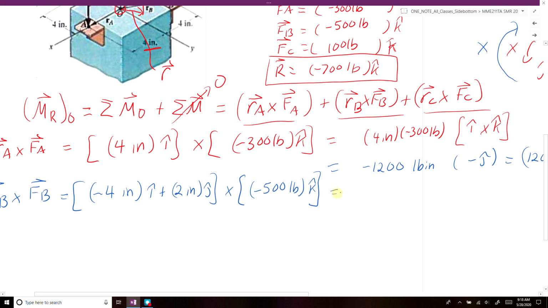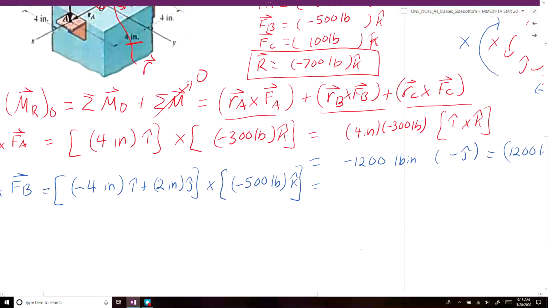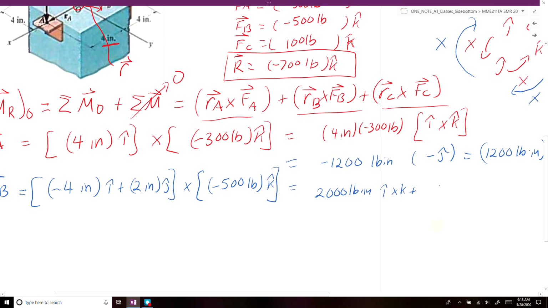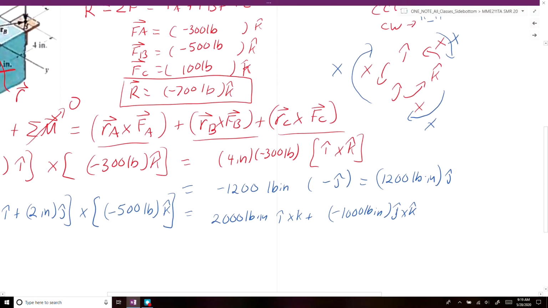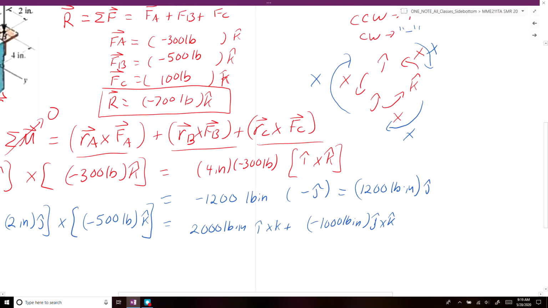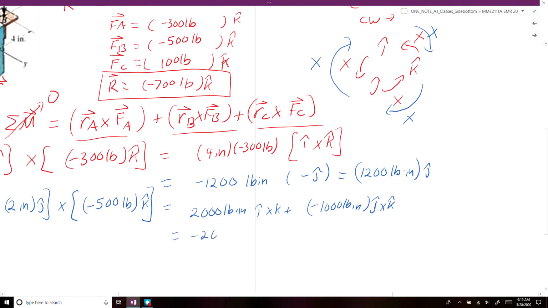So if we multiply this across, we get 2,000 pound inches times I cross K, plus minus 1,000 pound inches J cross K. So from this, if we go back to our cross product circle, I cross K is going to give us a negative J. So what we'll end up with is minus 2,000 pound inches times J. And then we'll get a minus 1,000 pound inches times J cross K, which is going to give us a positive I.